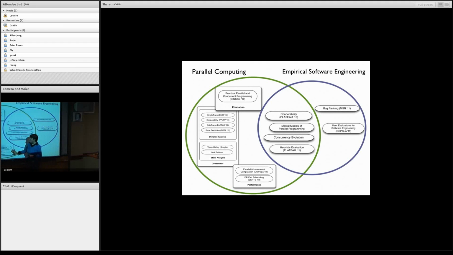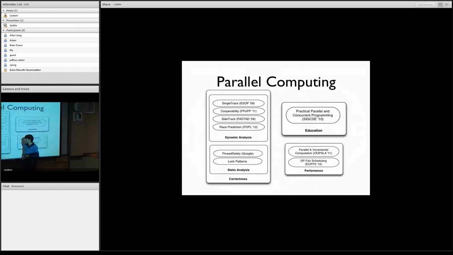So I have a lot of work on parallel computation specifically. As you can see, I've got some performance focus. So this includes scheduling algorithms that can make things more efficient, a new model for parallel computation, some education materials, and then also most of the work that I've done and that is going into my thesis is focused on correctness.